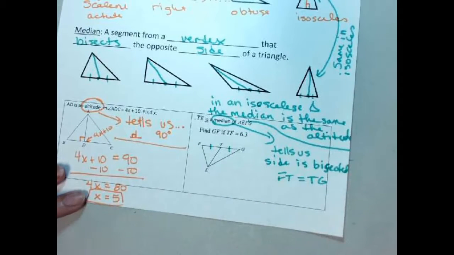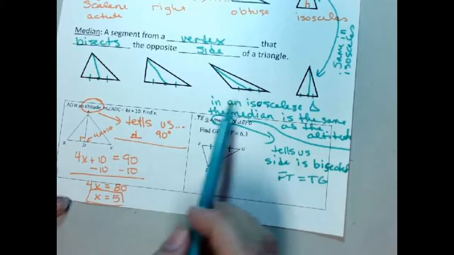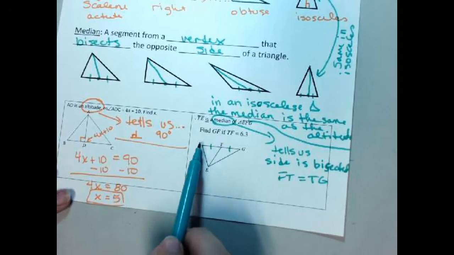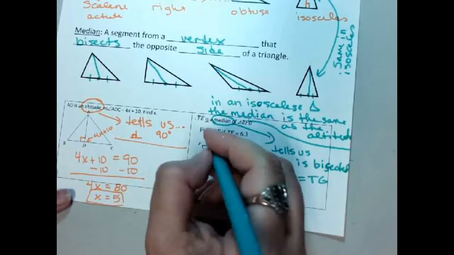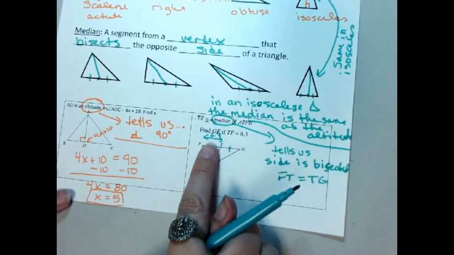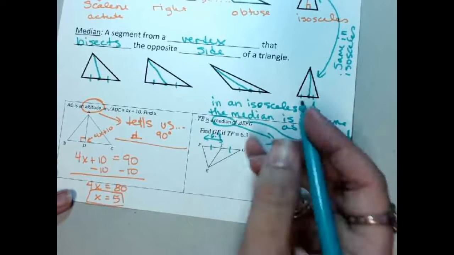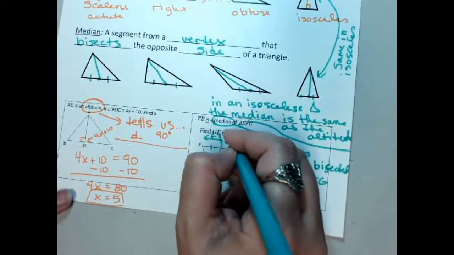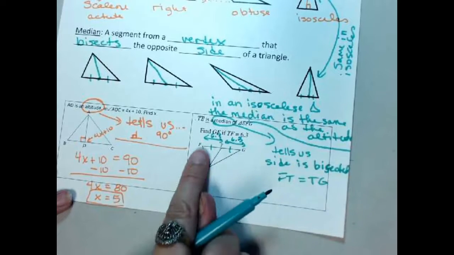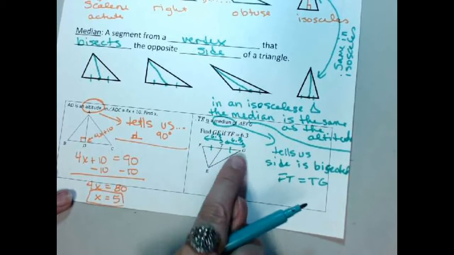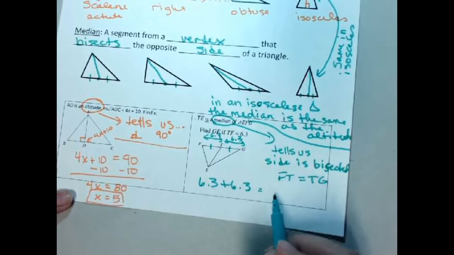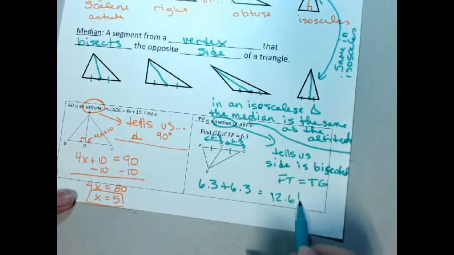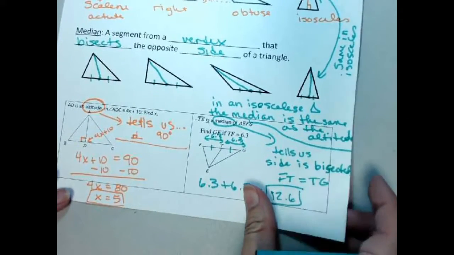That's what it tells us just because we know it's a median. So then the rest of our problem says, well, find GF, the whole thing, if TF, this much, is 6.3. Well, if this is 6.3, what's this? Well, that's 6.3. And they asked me to find the whole thing, GF. So 6.3 plus 6.3 is 12.6. Okay?